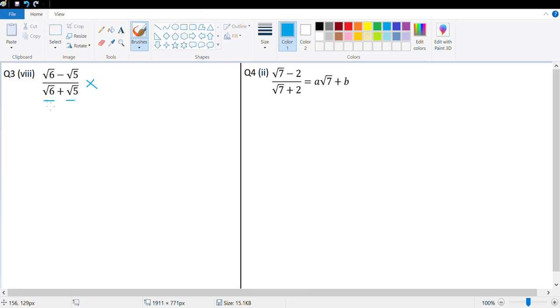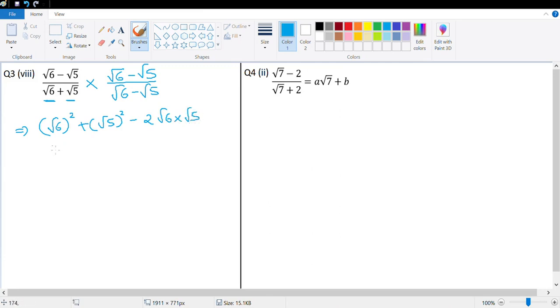In this case, this is x plus y, which means if I have to rationalize, I have to multiply it with x minus y. So multiplying it with root 6 minus root 5, what I get is root 6 whole square. This is x minus y whole square, that is x square plus y square minus 2 times x into y.